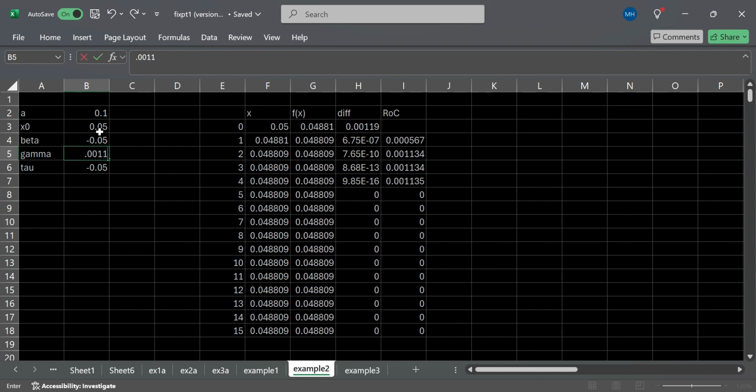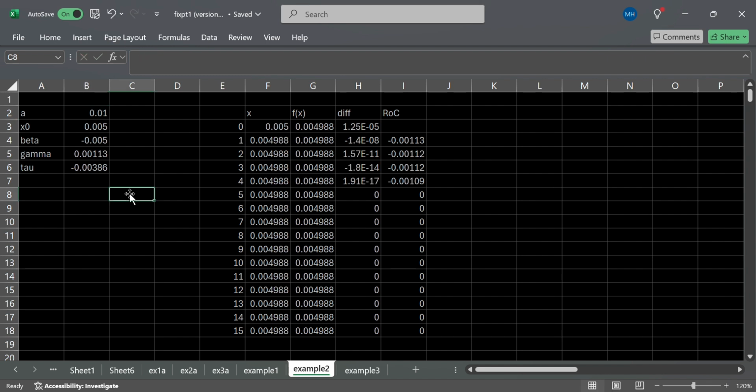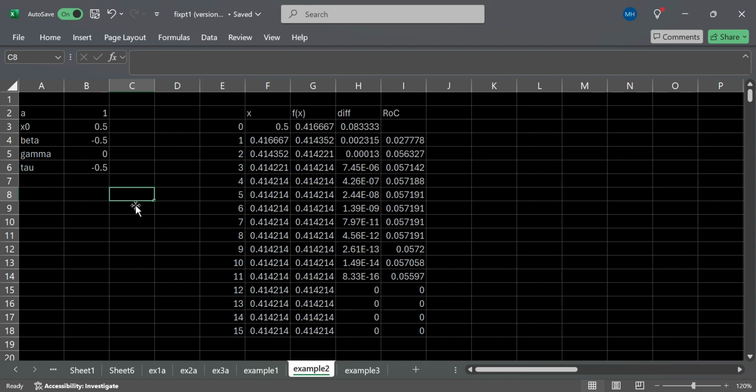We can improve it with gamma. Okay. Notice tau is about minus the fixed point. Okay, when we choose A to be a smaller value, we don't need a value of gamma. It converges very rapidly, as fast as Newton's method.